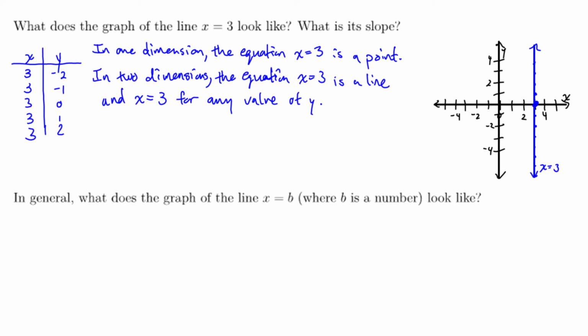Okay, so we've got that graphed in 2 dimensions, and now we're going to look at what its slope is. So I'm thinking rise over run, and I'll pick 2 points. I'll take this point 3, 0, and then let's pick 3, 4. So if I look at rise, this one is 4 units, but run is 0 units, and 4 divided by 0 is undefined.